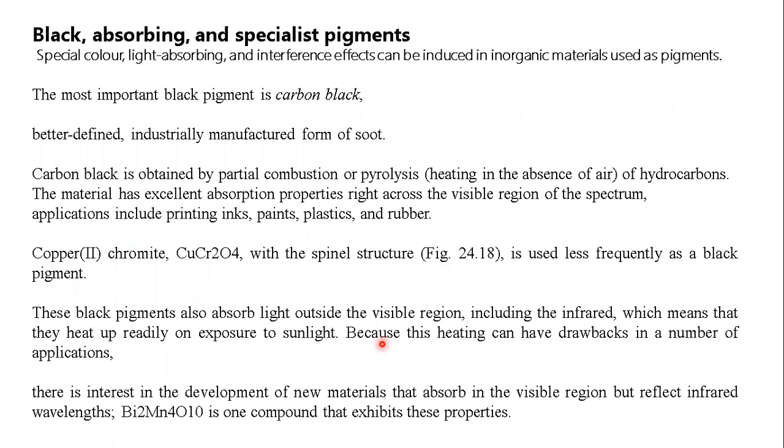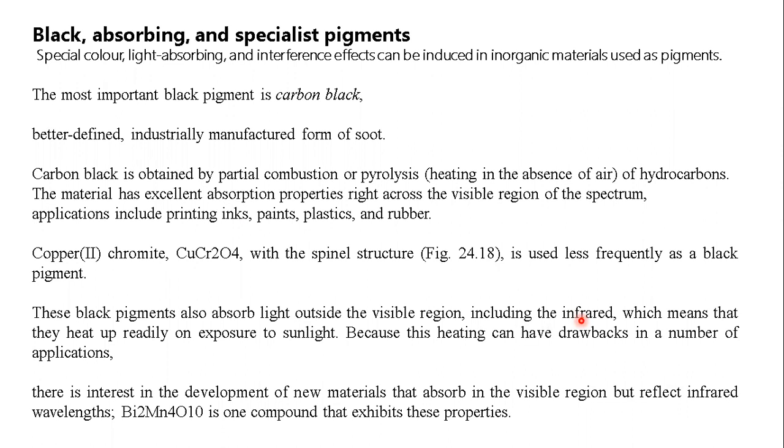And what is the drawback of these black pigments? They absorb all the light in the visible region, but they also absorb light in the infrared. Okay, infrared region also they absorb. That means if it absorbs the infrared, you know, infrared always heats up anything. If it absorbs the infrared light, it will heat up the particular compound.